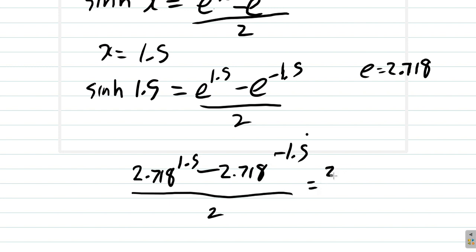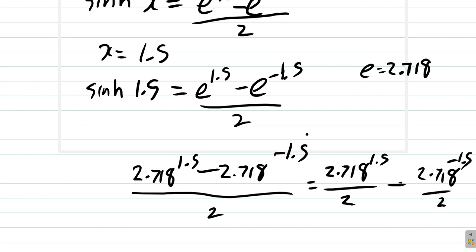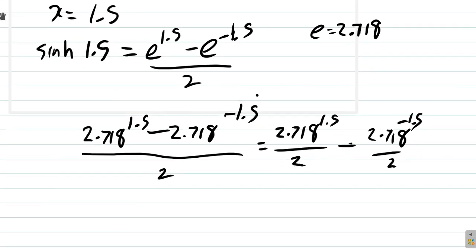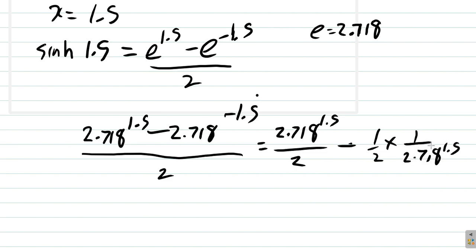This is the same as 2.718 to the 1.5 over 2, minus 2.718 to the negative 1.5 over 2. But when you say to the negative 1.5, over 2, it would be half times 1 over 2.718 to the positive 1.5, right?